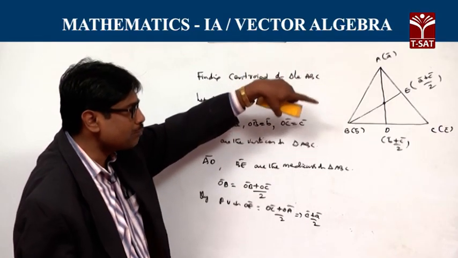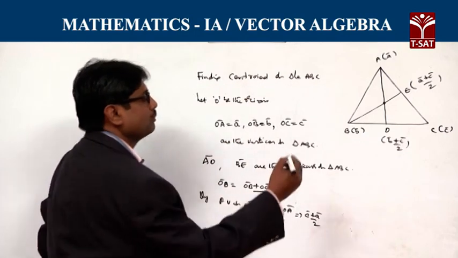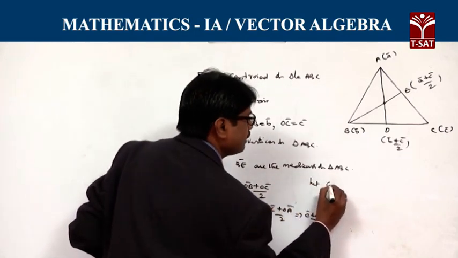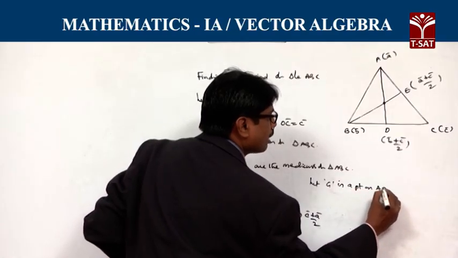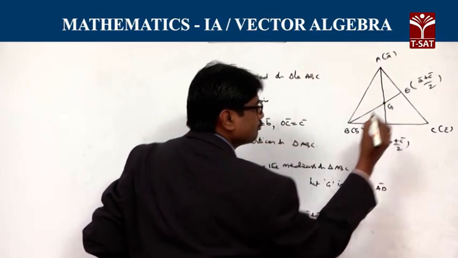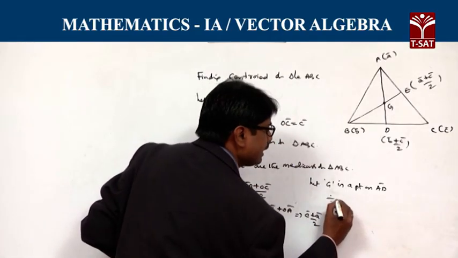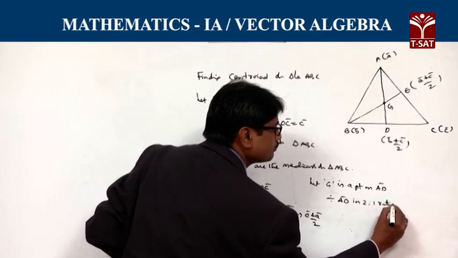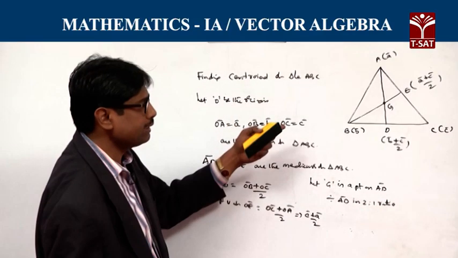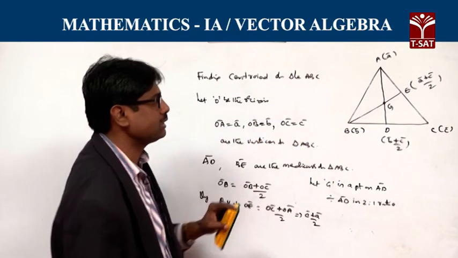First we will prove that medians are concurrent, then we will go for the centroid. Let G be a point on AD bar which divides AD bar in the ratio 2:1.